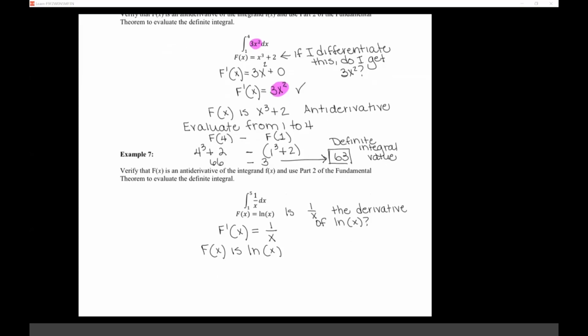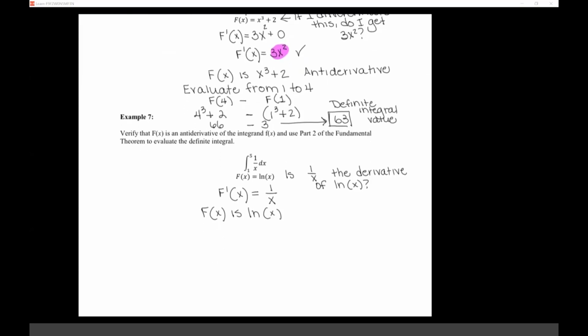All right, what we found down here with ln, this is the antiderivative. And then if I want to evaluate it from 1 to 5, I have f of 5 minus f of 1.